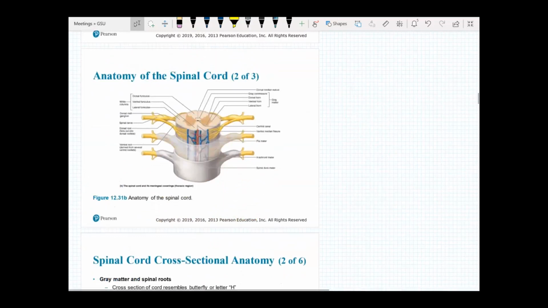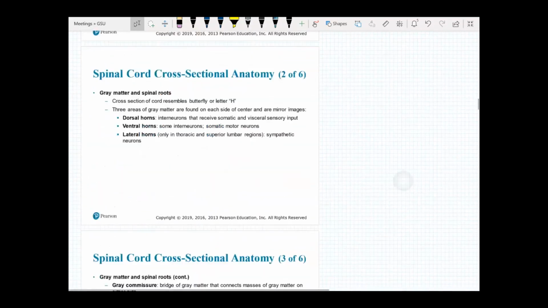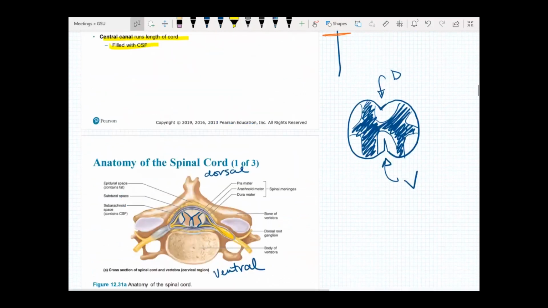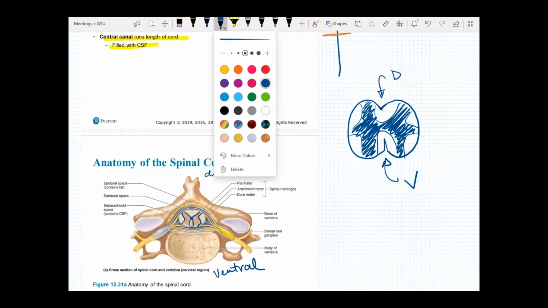So here's another perspective of the anatomy of the spinal cord. When you look at the cross section, there is going to be incoming information. So that's going to be horns. The white matter and the gray matter inside the spinal cord are going to create these sections. So the gray matter inside of the spinal cord is going to create horns: dorsal, ventral, and lateral. So when we come up here and we have our dorsal side and we have our ventral side, the gray matter is going to be a horn.